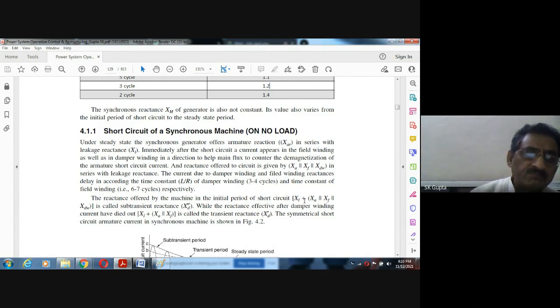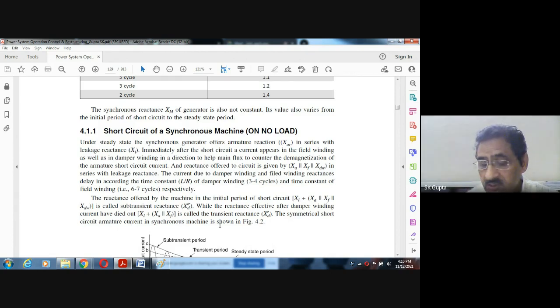So we know when we said above, XM is the machine reactance. Machine reactance that we have represented as a steady state reactance. XM was nothing but a steady state reactance, and that was equal to XL plus XA. But in fact, in the beginning, reactance is less than that.